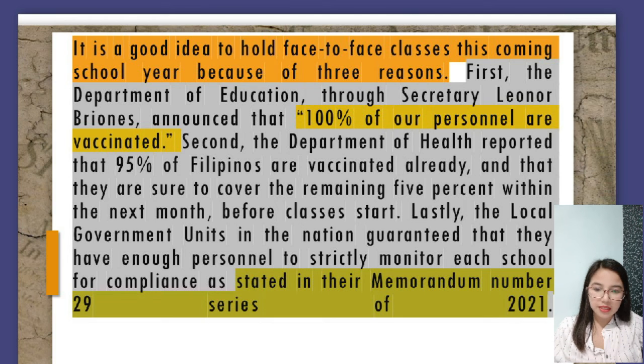It's highlighted in yellow, and I referenced using, highlighted in green, as cited in their Memorandum Number 29 Series of 2021. So I used this one as my reference. There's a claim here and there are three evidences. If you have at least these three, you're good to go.